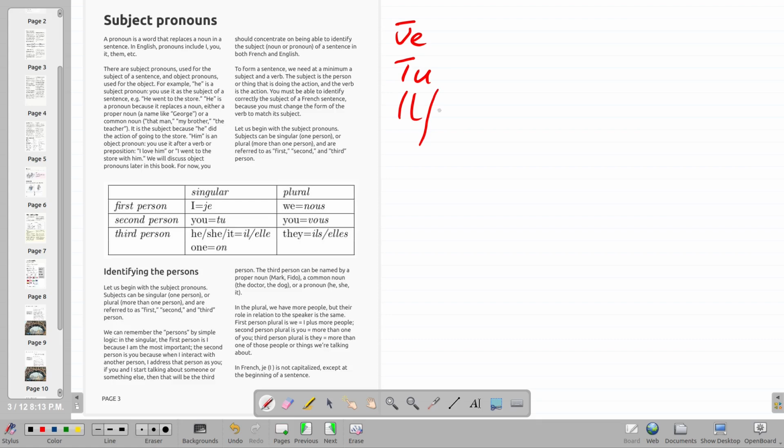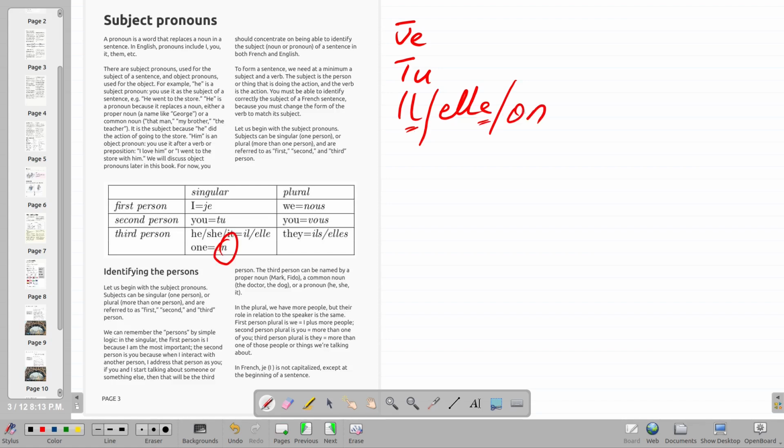For she, the equivalent is elle. For it, the equivalent can be il or elle. If the thing we're replacing is masculine, we use il for it. If it is feminine, we use elle for it.